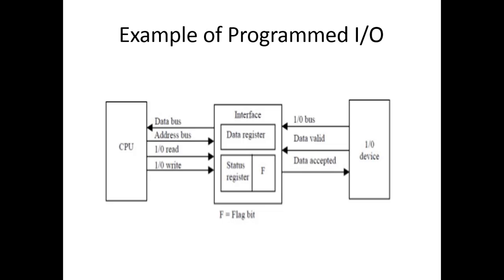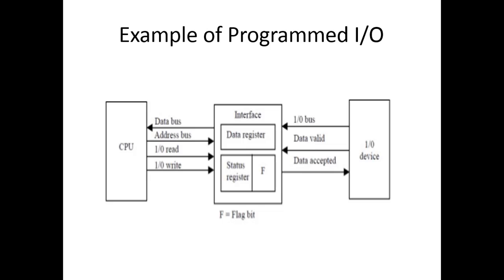Now the data that is to be forwarded to the CPU is available with the interface. Again, a two-wire handshaking mechanism can be implemented between the CPU and the interface so that the data can be successfully transferred to the CPU. For transferring the data from the data register of the interface to the CPU, the data bus is used.